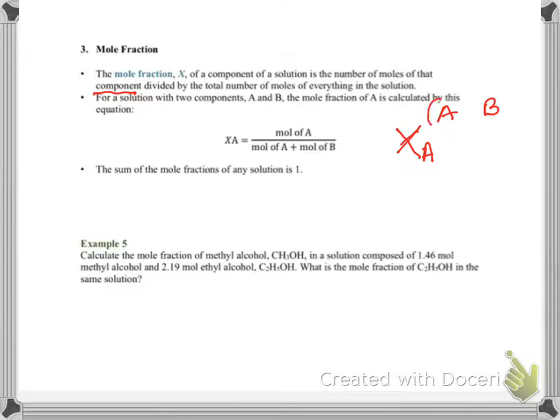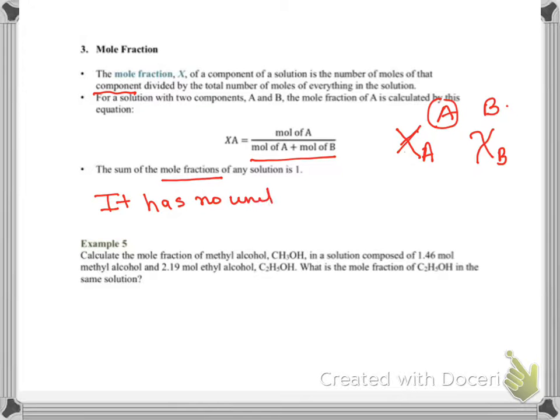So how will you find out the mole fraction for component A? You take moles of A divided by the total moles. If you want to find out the mole fraction for B, that means the moles of B divided by total moles. The sum of the mole fractions of any solution is always 1, and mole fraction has no unit.